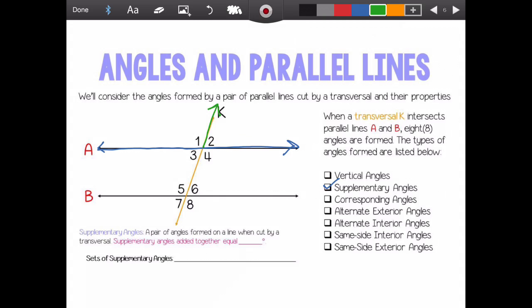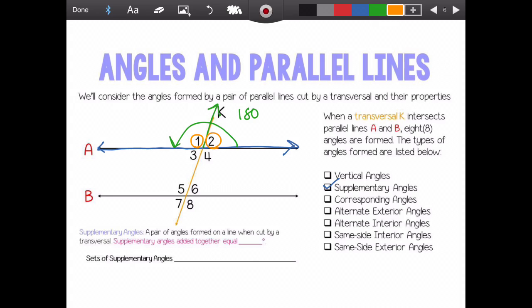If line A is a straight angle, from here to here is 180 degrees. So angle 1 and angle 2 are supplementary because if we add them together, since they make that straight angle, they're going to be 180 degrees every single time.